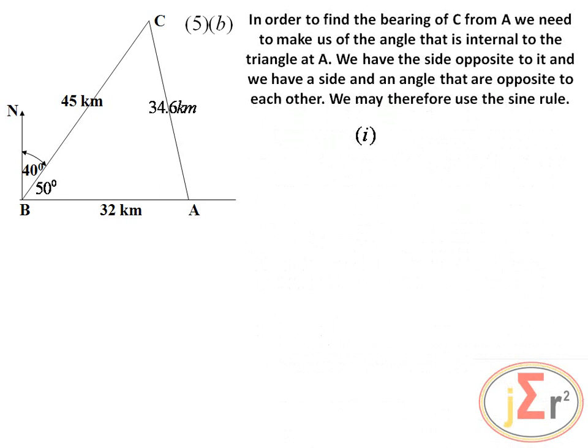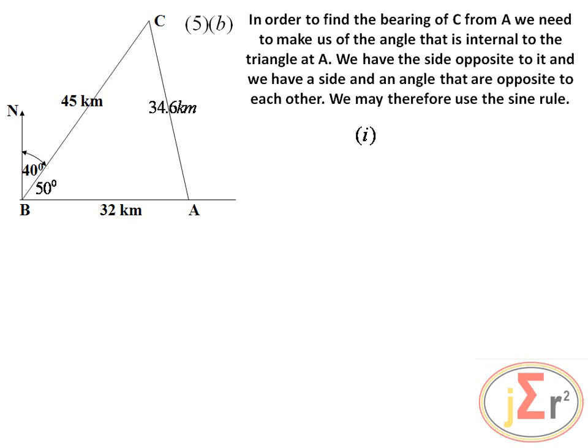In order to find the bearing of C from A, what do we mean by the bearing of C from A? The bearing of C, if we are viewing that point C from A, so the bearing must be at A, the angle will be at A, and we have to have a north line at A. In order to find the bearing of C from A, we need to make use of the angle that is internal to the triangle at A. We have this side opposite to it, and we have a side and an angle that are opposite to each other.